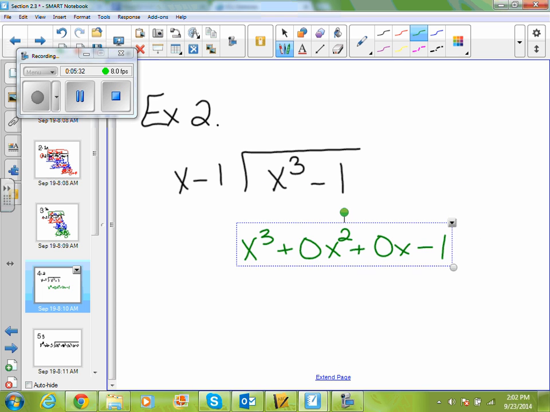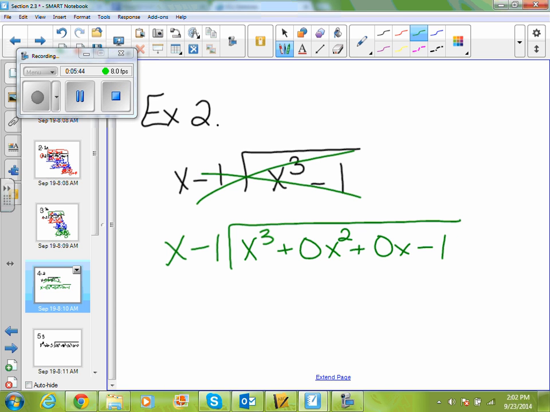So I'm going to take that and divide it by x minus 1, because then at least I'm representing my missing terms. Okay, so if I do that, x goes into x cubed, x squared times. x squared times x is x cubed, negative 1 times x squared is negative 1x squared.